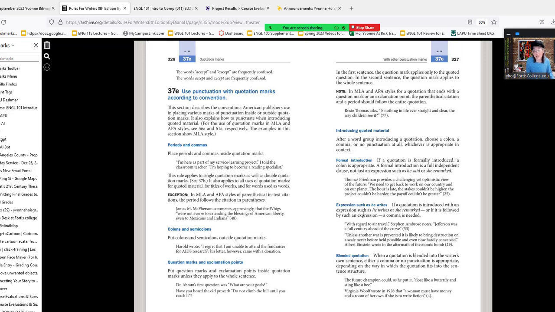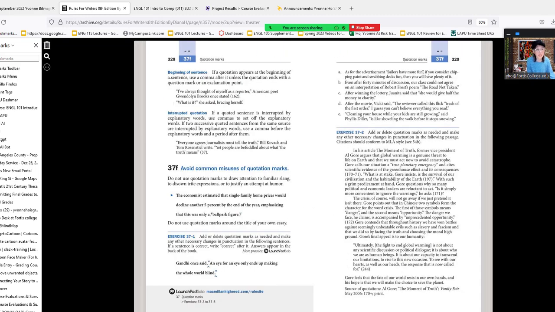This one is done with MLA, so it's in present tense. But if you're going to be using APA, your verb should always be in the past tense. So you would say, with regard to air travel, Stephen Ambrose (2023) noted, with a d, because that's APA, "Jefferson was a full century ahead of the curve" (p. 53). So that's how you would do it with APA.